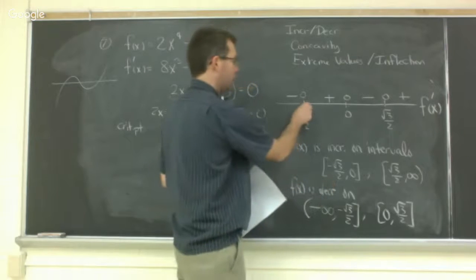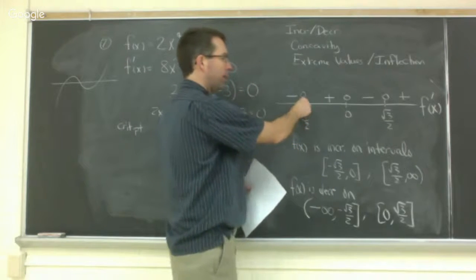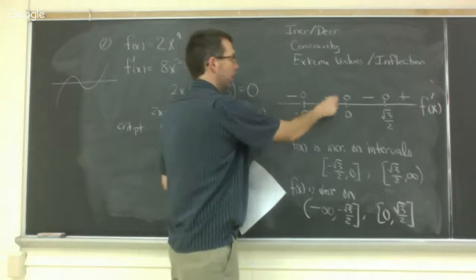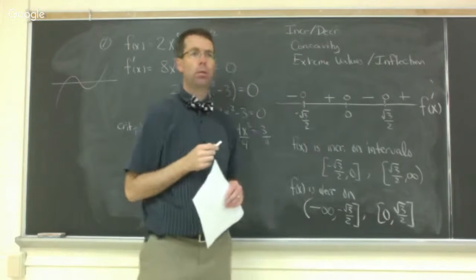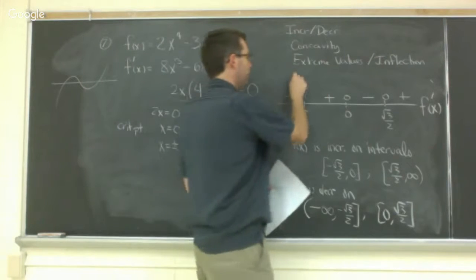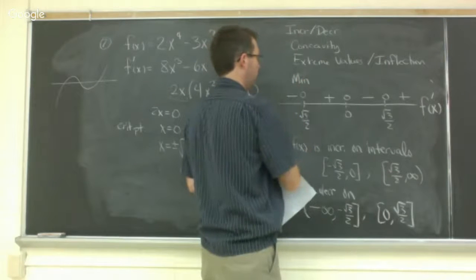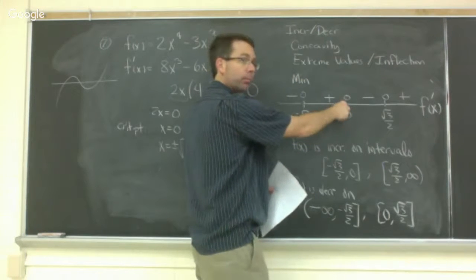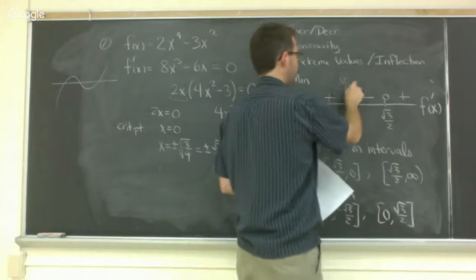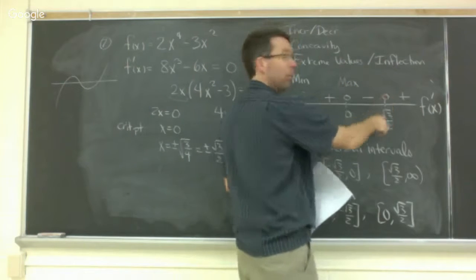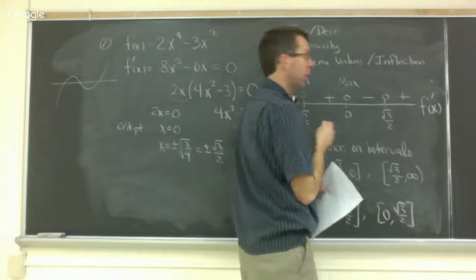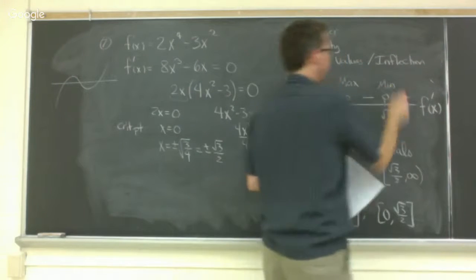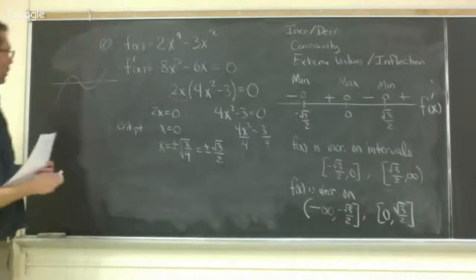And so x equals negative root 3 over 2. What will that be if I'm decreasing and increasing? This would be a minimum at x equals negative root 3 over 2. X equals 0, this will be a maximum. And at positive root 3 over 2, that'll be another min. Okay.